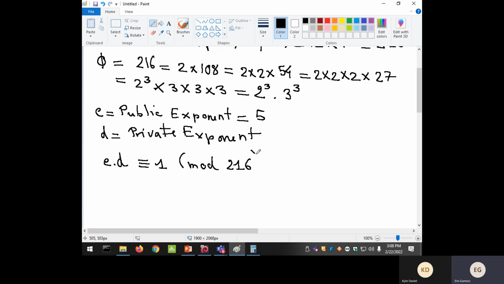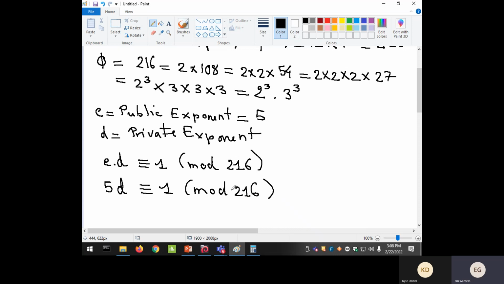So it has to be 1 modulus 216. Since we choose E as 5, I have to find D such that 5 times D is equal to 1 modulus 216.